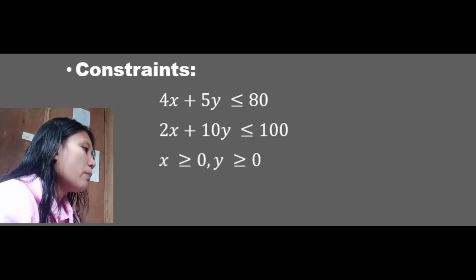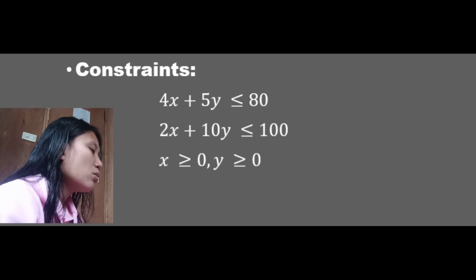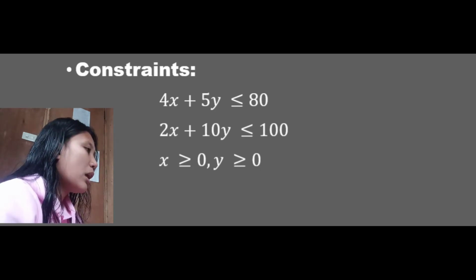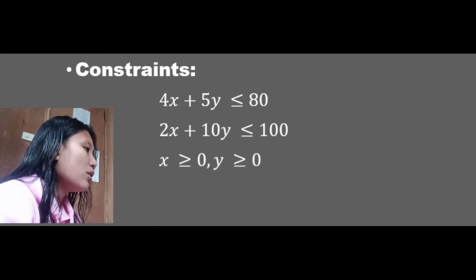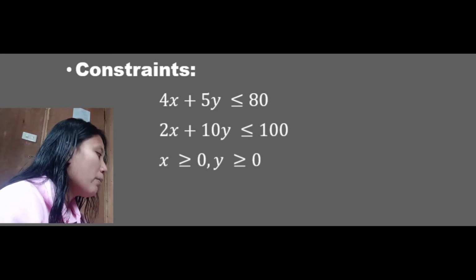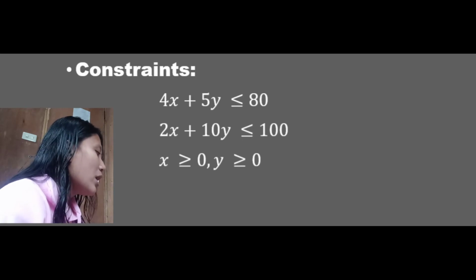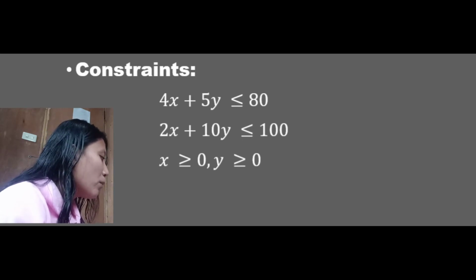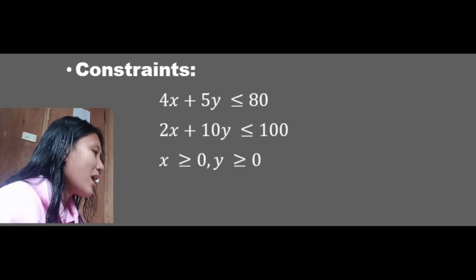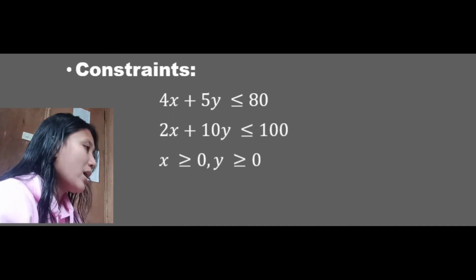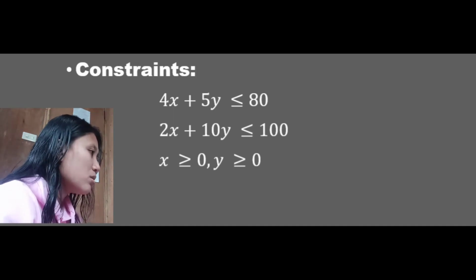In terms of painting, we have 2x, which is 2 times the number of tables, plus 10y, 10 times the number of chairs, less than or equal to 100 hours, the total amount available. Let's also remember that they can't make a negative number of tables and chairs. So that means x is greater than or equal to 0 and y is greater than or equal to 0.